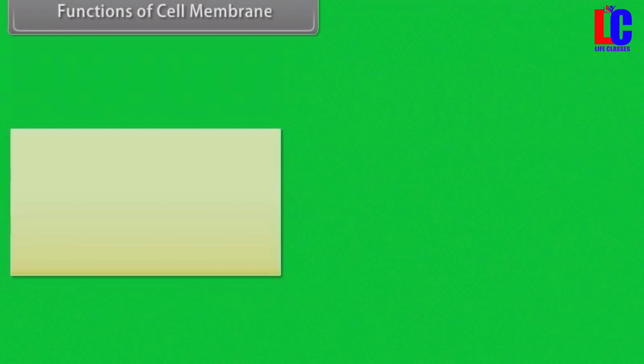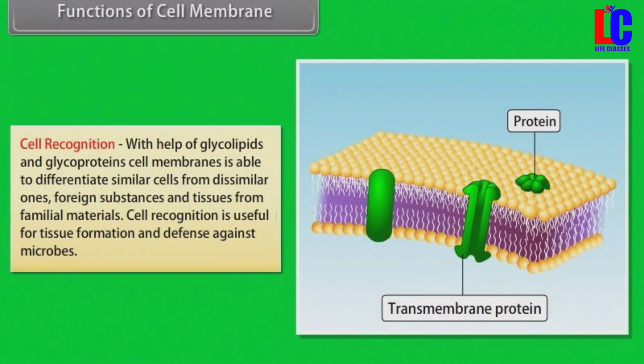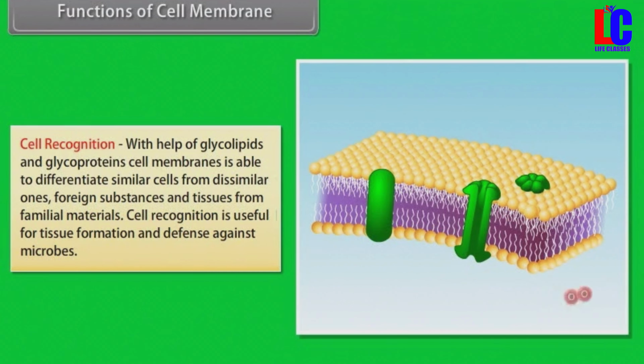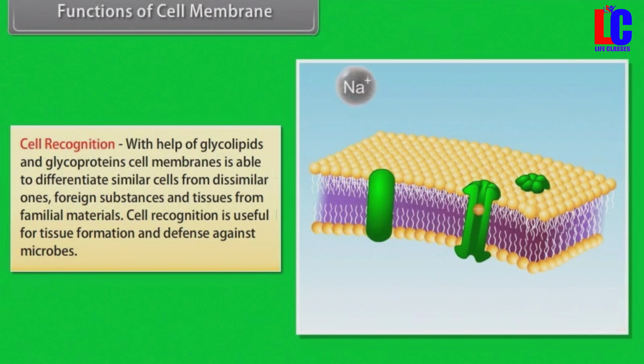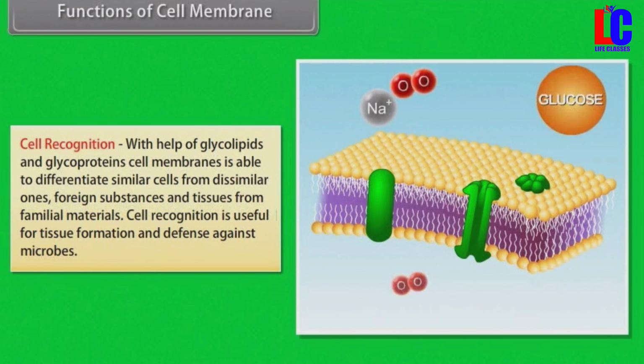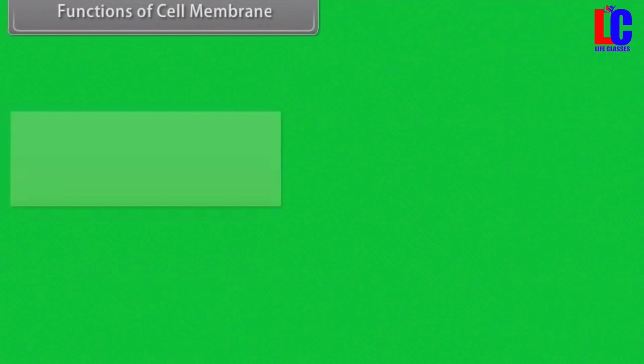etc. Cell recognition. With the help of glycolipids and glycoproteins, cell membrane is able to differentiate similar cells from dissimilar ones, foreign substances and tissues from familial materials. Cell recognition is useful for tissue formation and defense against microbes.